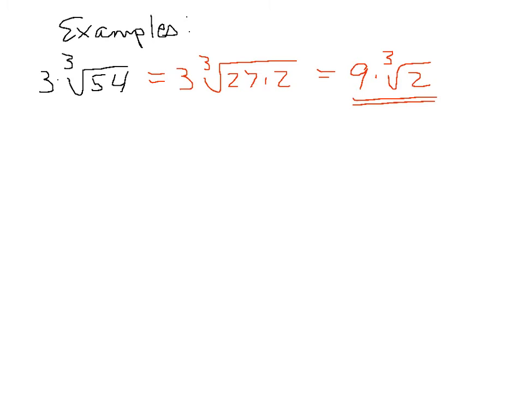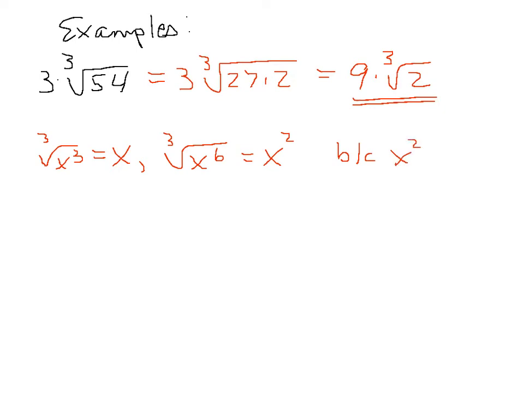So just to keep track of this, I know that the cube root of x cubed is x. What's the next power of x that I can take the cube root of? It's x to the sixth, and that's going to be x squared. And that's because x squared cubed, what do we do with the exponents?